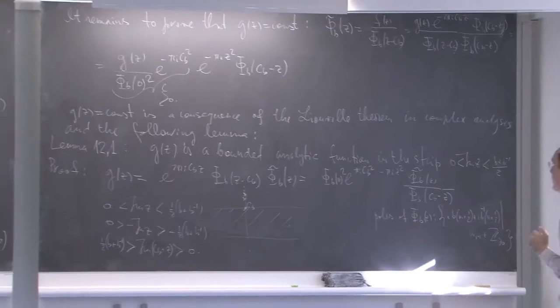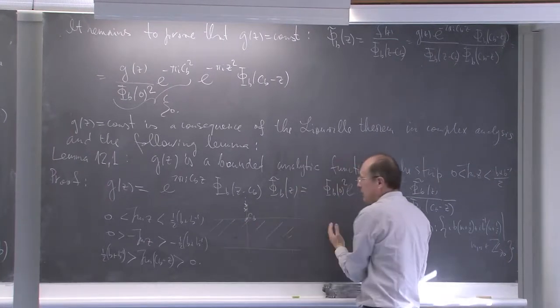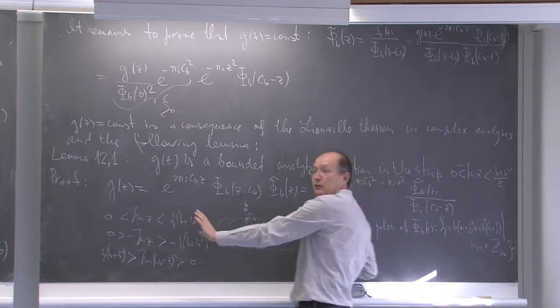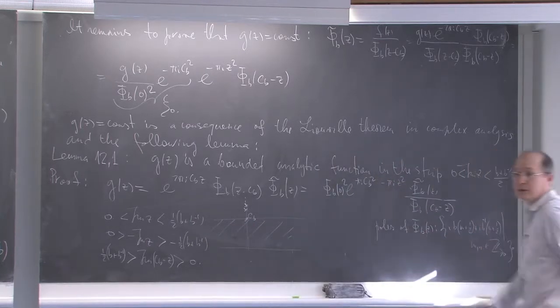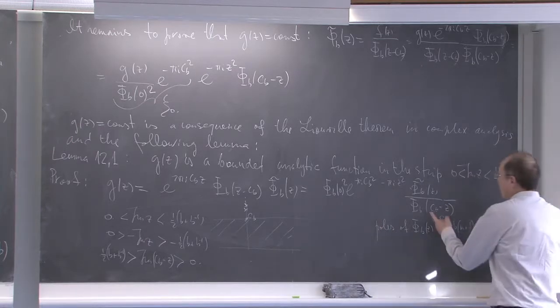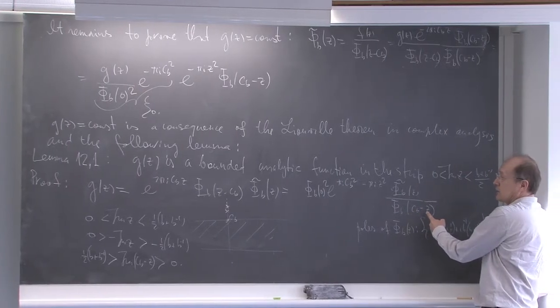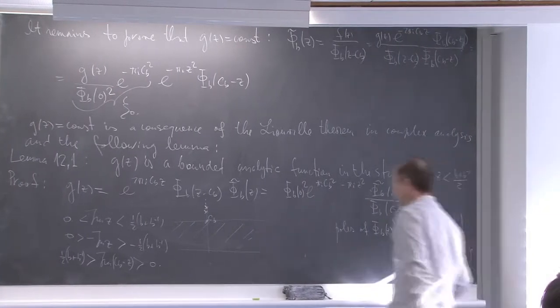That's the first thing. And now, what remains for us is to show that it is bounded at infinities of that strip. If we manage to prove this, then we prove the boundedness of g of z. And this is very easy to see when the real part of z goes to plus infinity.